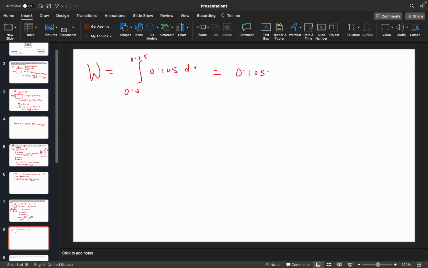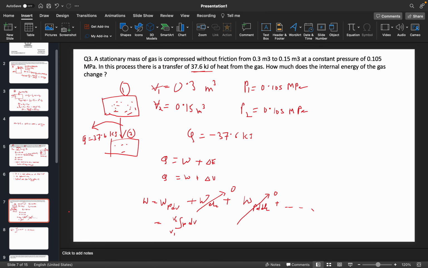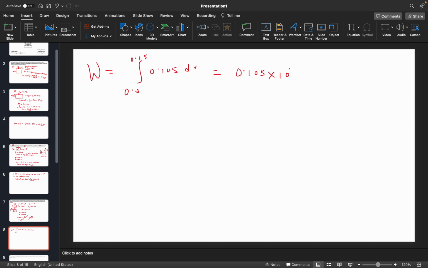Remember, it is in megapascal, so we will convert this into kilopascal, which is better because in our case the energy is in kilojoule. So it will be negative of 0.105 into 10 cube into 0.15 kilojoule. So this much work of compression is done on the system.